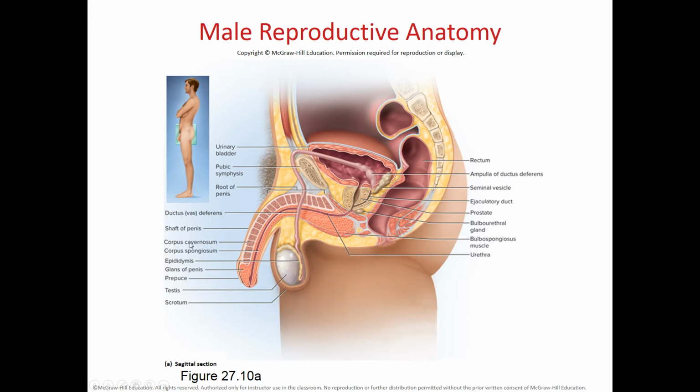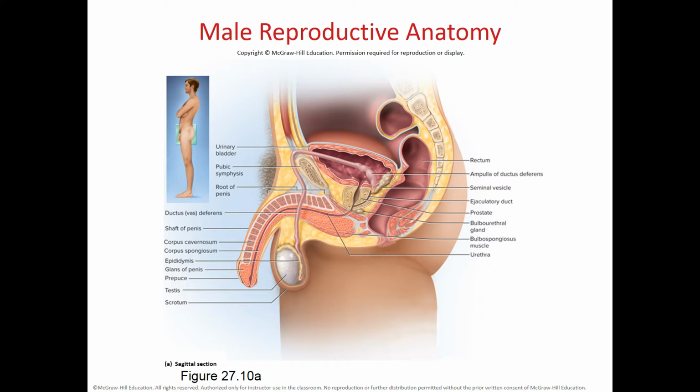Corpus cavernosum is for singular, but these are two cylindrical structures. These are filled with this tissue that is very open, that looks like caverns, so that's why it's called corpora cavernosa. During reproductive age, this erectile tissue, especially the one from the corpora cavernosa, gets engorged with blood, and that leads to erection.